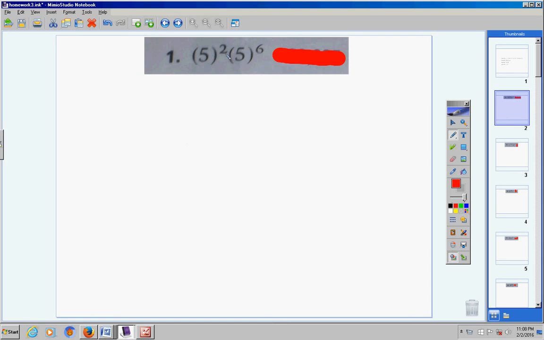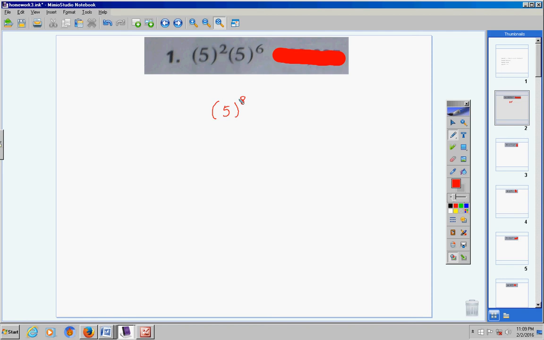5 to the second times 5 to the sixth. Well, you could type this whole thing into your calculator, but I'm going to use my exponential properties real quick here. I'm multiplying like bases. My base is a 5, and my base is a 5. So when you're multiplying like bases, write the like base once and add the exponents.